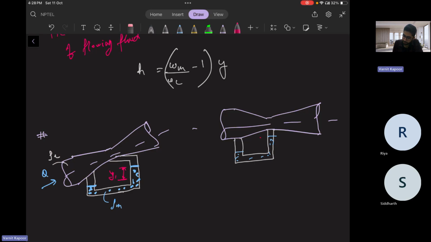Let us suppose this is y2. Again flow Q, rho m, and rho L.